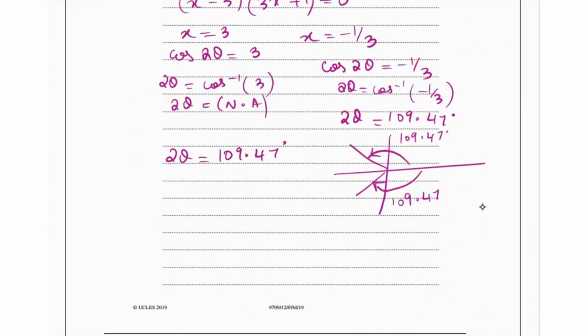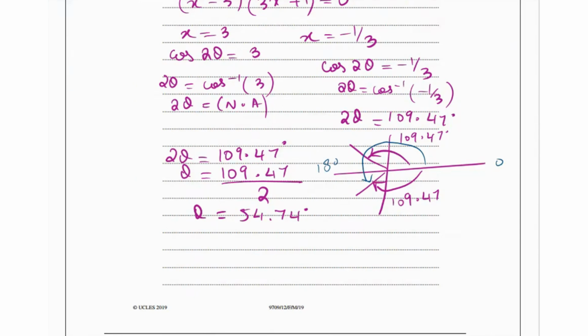109.47, and then we divide it by 2 to find the value of theta. That's going to be 54.74 degrees. The other value is going to be this, because once again we're going from 0 to 180.